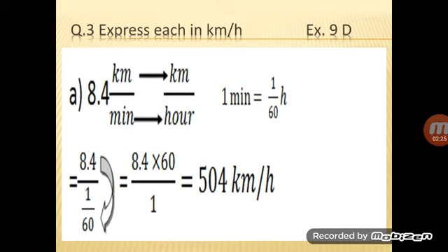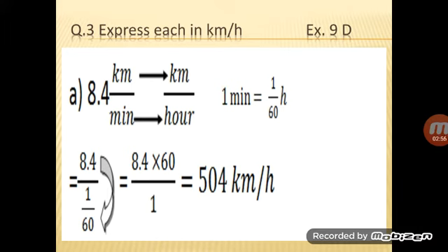As there is no conversion in the numerator, we will not multiply anything in the numerator. But in the denominator, we replace 1 minute with 1 by 60 hour. Now fraction over fraction, how to solve it? We take the denominator up to the numerator and it becomes 8.4 into 60, and in the denominator only 1 remains.